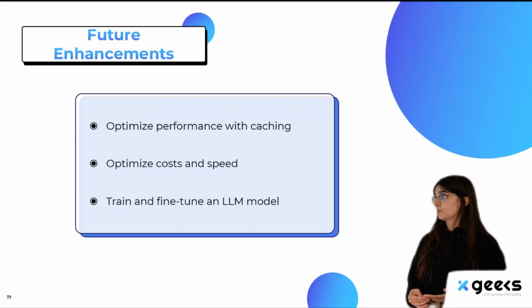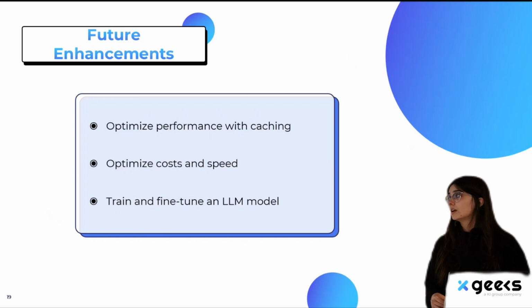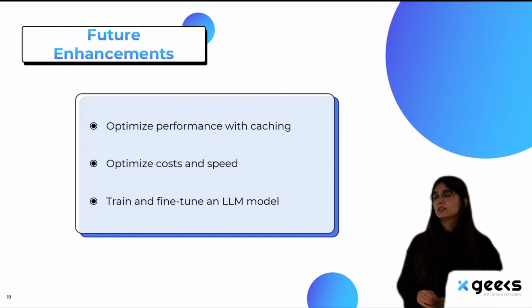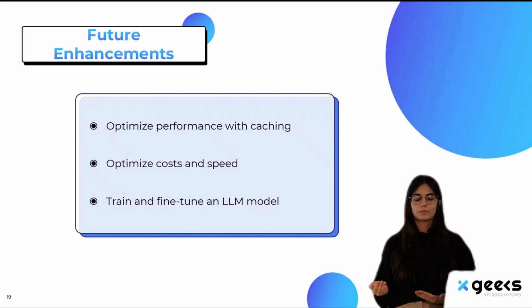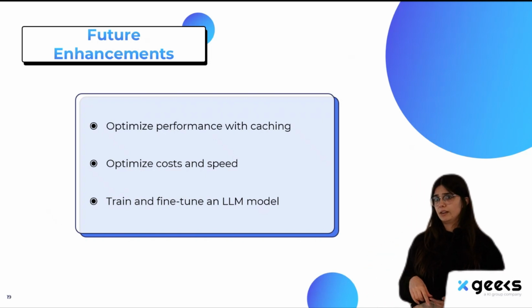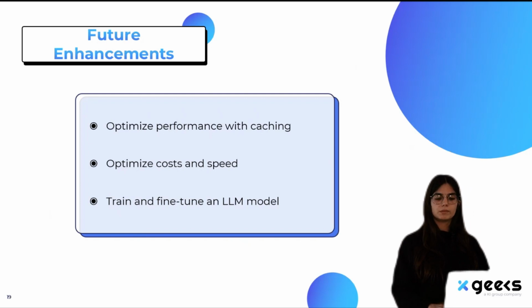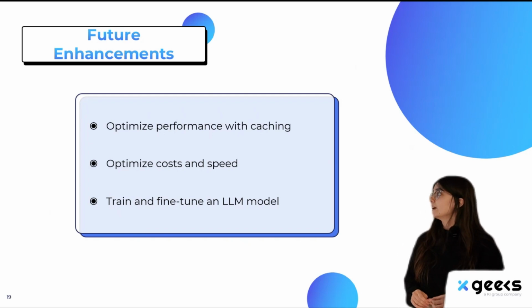To optimize performance, we can use cache. By doing this, we avoid repeated calls: if I ask the same question twice, I will not call the LLM twice because I already have the answer cached.